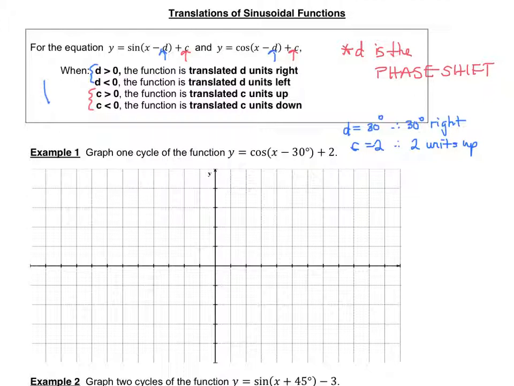Now what I would like to do here quickly is just sketch in the graph of y equals cos theta itself so that we can see where the key points on this graph move to. I'm going to use a scale of 30 degrees, but I'm only going to mark off the 90-degree intervals. So 90, 180, 270, and 360 in both directions.